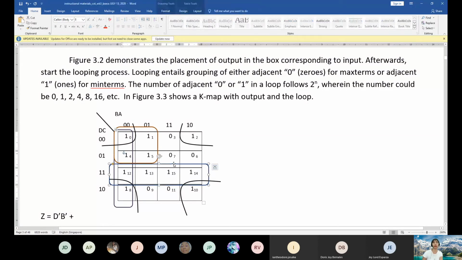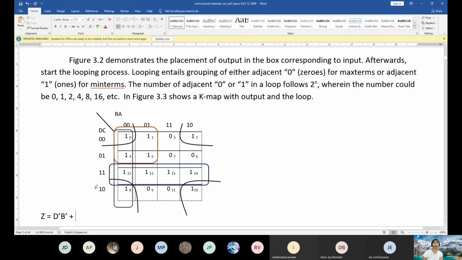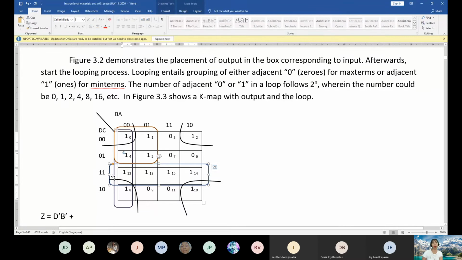How about the blue loop here? We also have 4 ones here: 1, 2, 3, 4. If we compare that with DC, we only have one value, which is D is 1, C is 1. So we cannot compare it with other values, since the blue loop only encompasses this row.